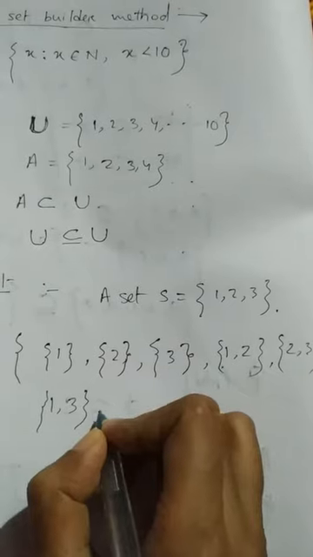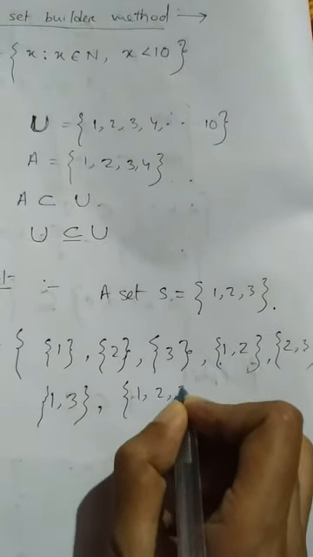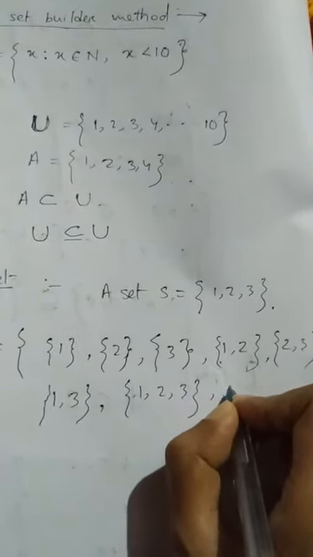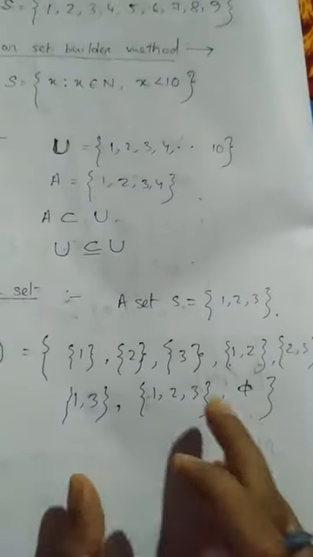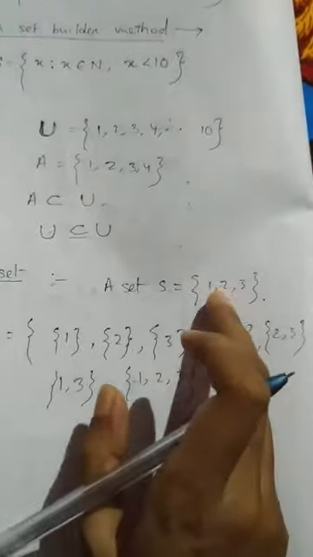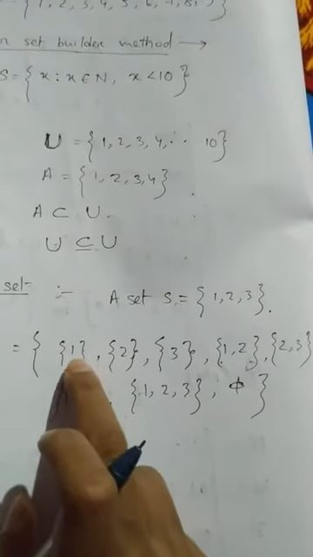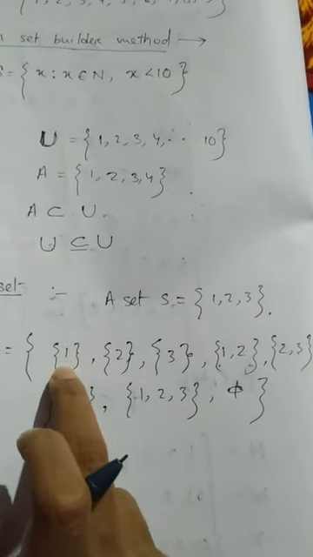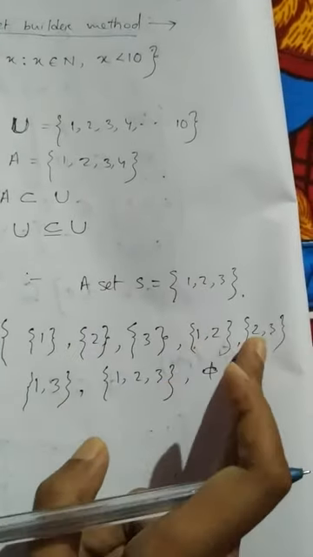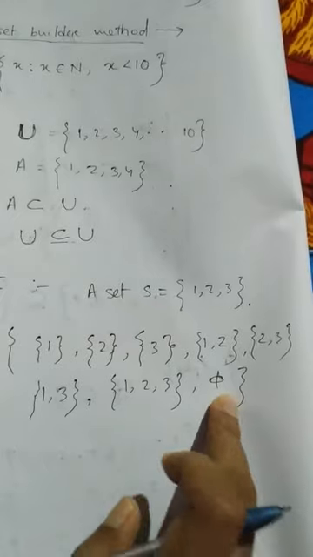Then another is {1, 2, 3} and the empty set. So these are all the subsets of S. That's why I have written each in brackets: {1}, {2}, {3}, {1, 2}, {2, 3}, {1, 3}, {1, 2, 3} and the empty set.